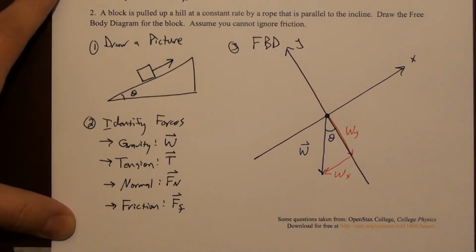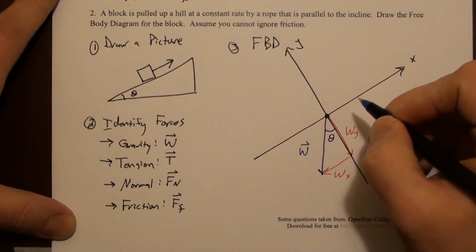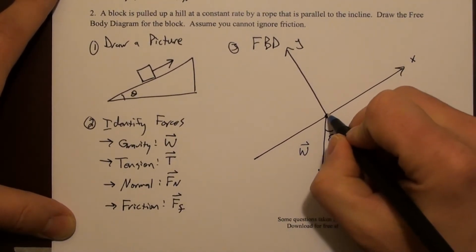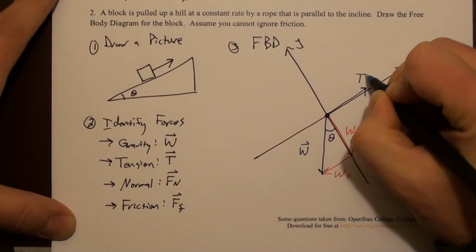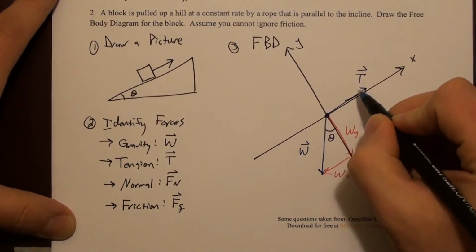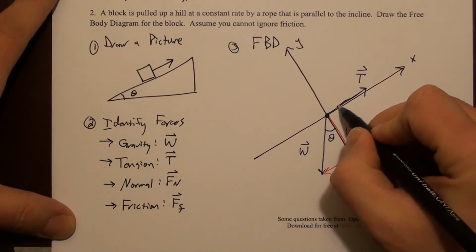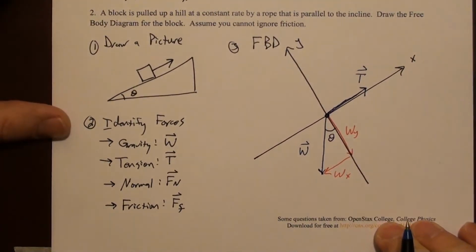And let's say that tension looks like this. Okay, to a certain extent we would have to have some numbers given to us from a problem.